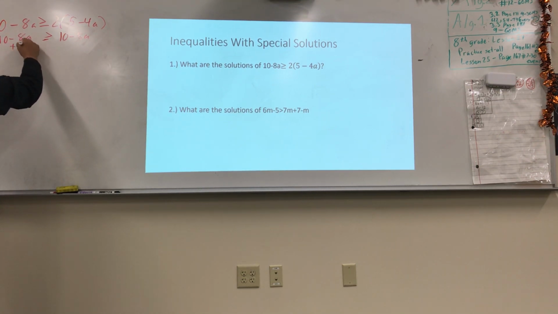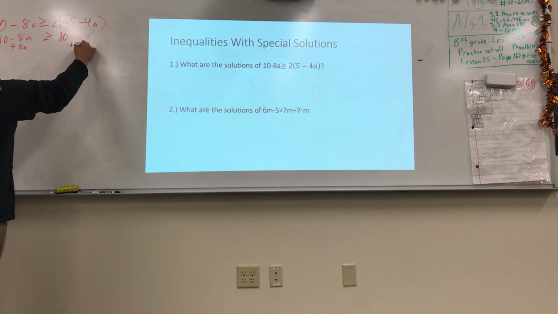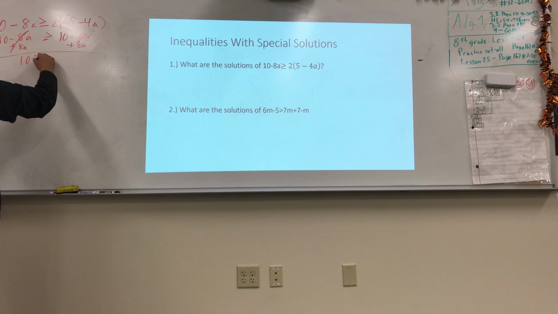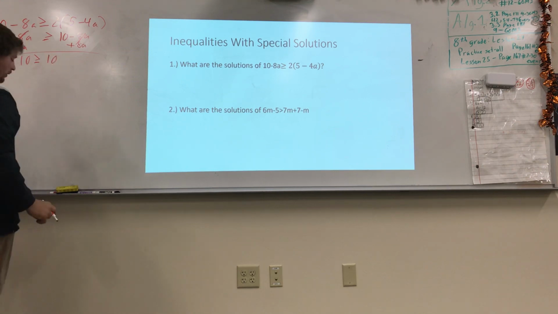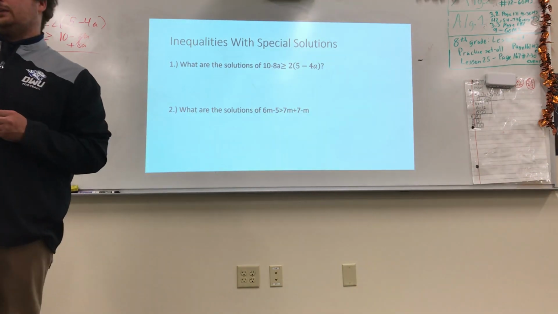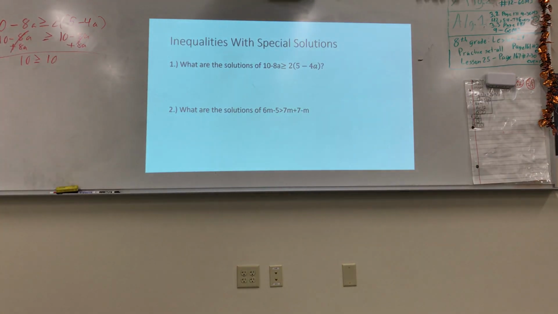Add 8a to both sides. Gone, gone, we have 10 is greater than or equal to 10. So it looks like that. If we get an answer like that, what do you think the answer should be? It's exactly correct. In this case, I think a can equal whatever it wants, and it's going to make both sides the same.